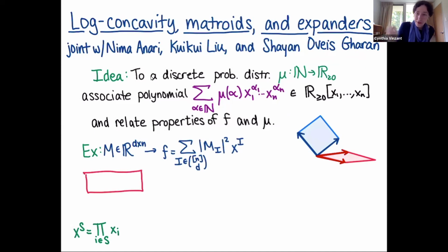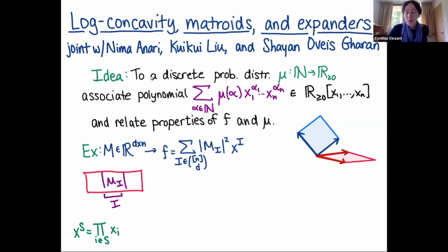And then to every d by d minor, every collection of d things from 1 through n, I can take the corresponding d by d minor, take its determinant and square it. I get a non-negative real number and use those as coefficients for my polynomial. And just index them by square-free monomials of degree d in the variables x1 through xn. And this gives some distribution.